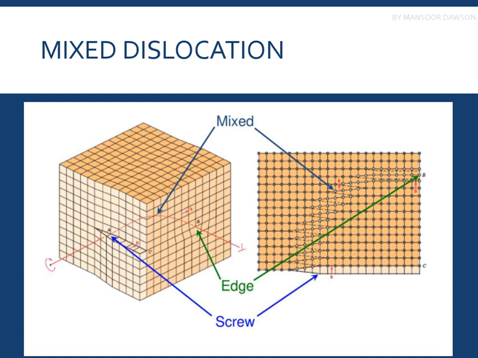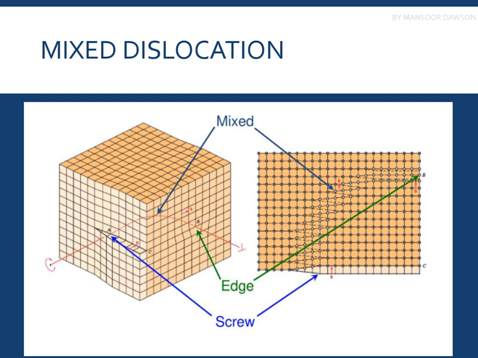So you can see that the mixed dislocation is observed since the shear stresses are being generated, and that causes the screw dislocation, even though we provide a tensile force or tensile load.